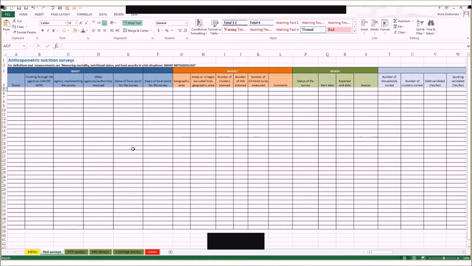The purpose of it is not only for emergencies, but for all situations. They are trying to collect all the nutrition information from the surveys which are done, and it's normally the responsibility of partners who are conducting surveys to fill in this database. However, not many are doing this.